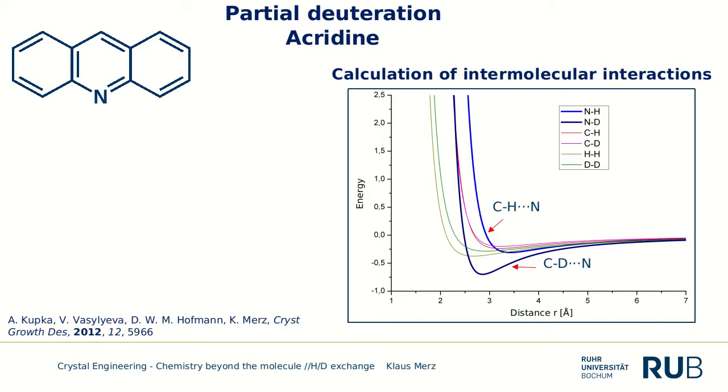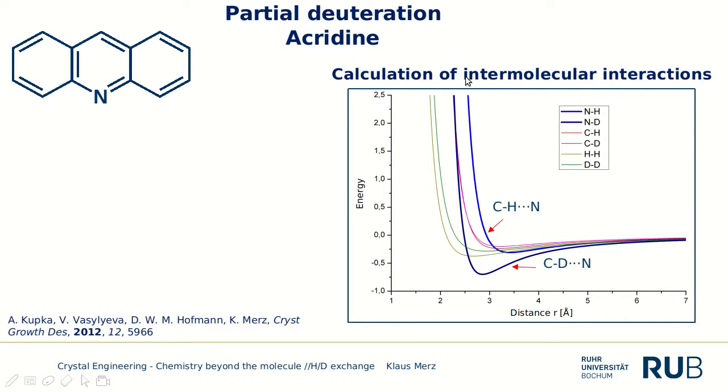Once again, look at the energy curves. Energy is always interesting in crystal engineering. Always if you have a phenomenon, try to calculate, have a look at the energy. In this case, calculation of the intermolecular interactions, yes?